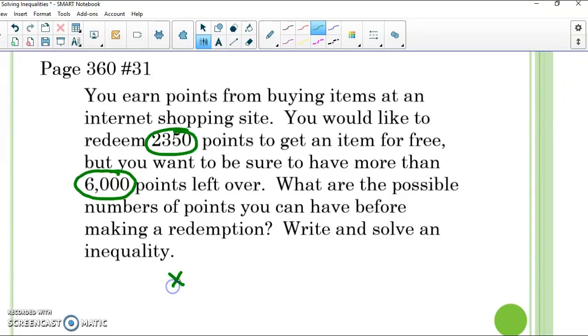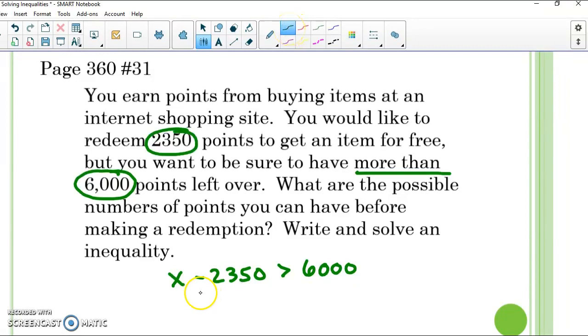And when I redeem those 2,350 points, they are going to come out of my total, that unknown total. So I'll subtract those out. And when I do use those 2,350, I still want to be sure to have more than 6,000 points left over. So my inequality would say x minus 2,350 is greater than 6,000.